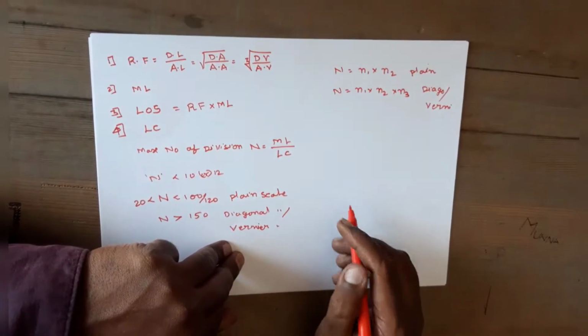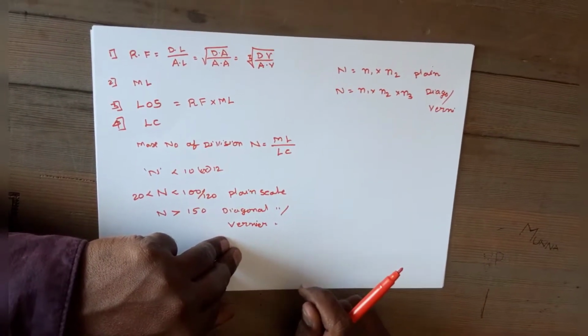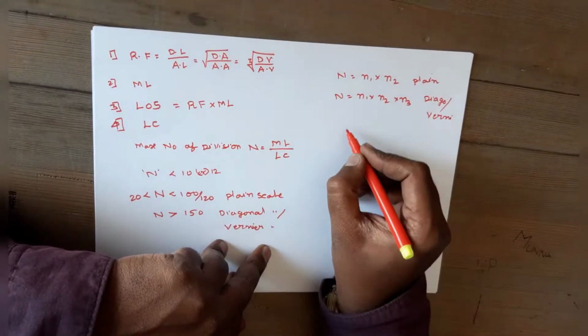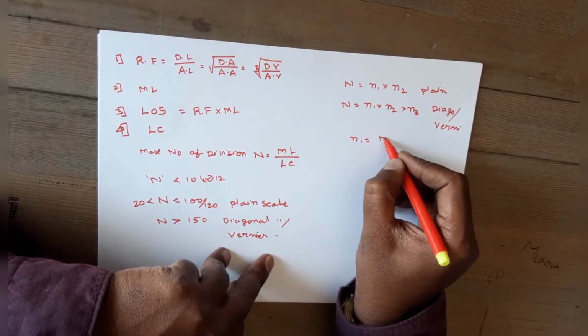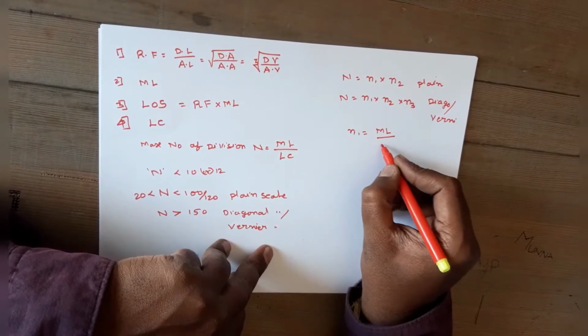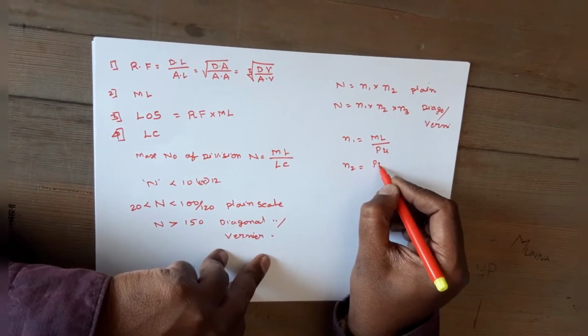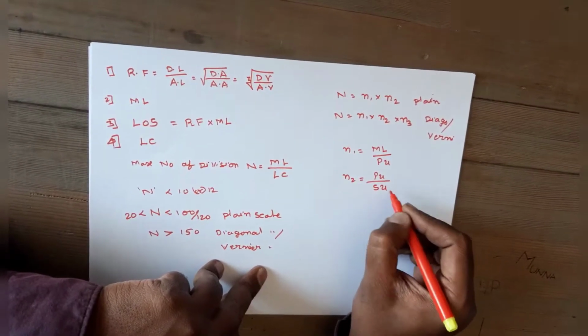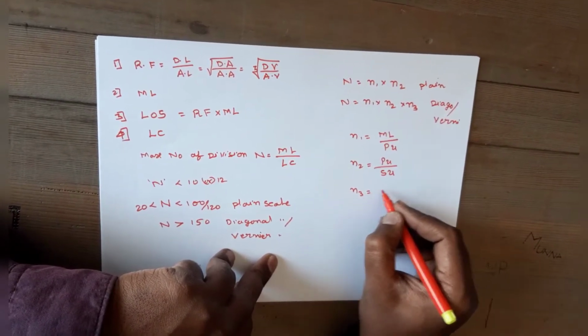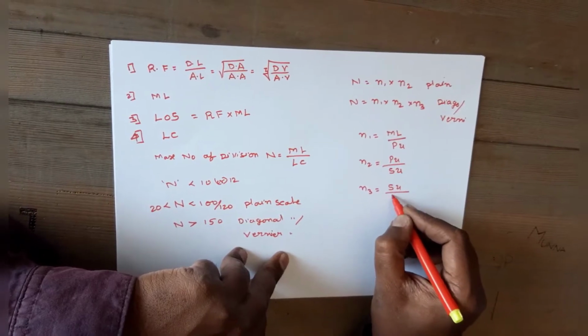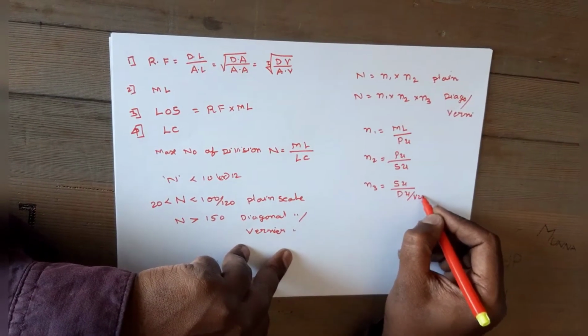Is it clear? So sir, what are N1, N2, N3? In the last video we came across N1 is equal to maximum length divided by primary unit, N2 is equal to primary unit divided by secondary unit, N3 is equal to secondary unit divided by diagonal unit or vernier unit.